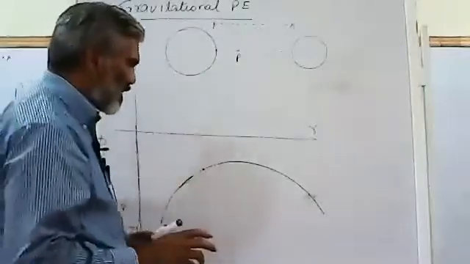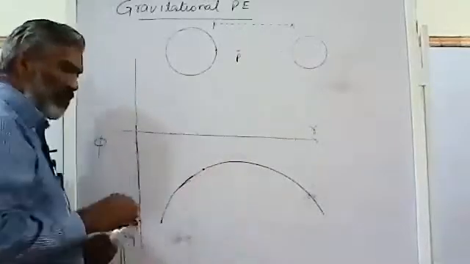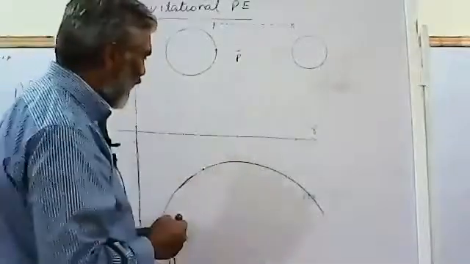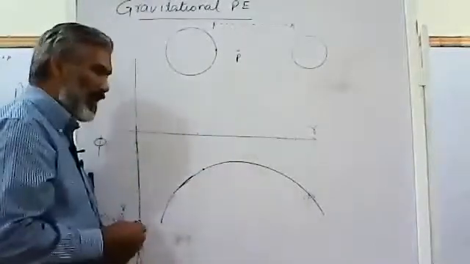As I discussed last time, if I want to calculate the gravitational field at a point, I draw a tangent to it and then I calculate the gradient.